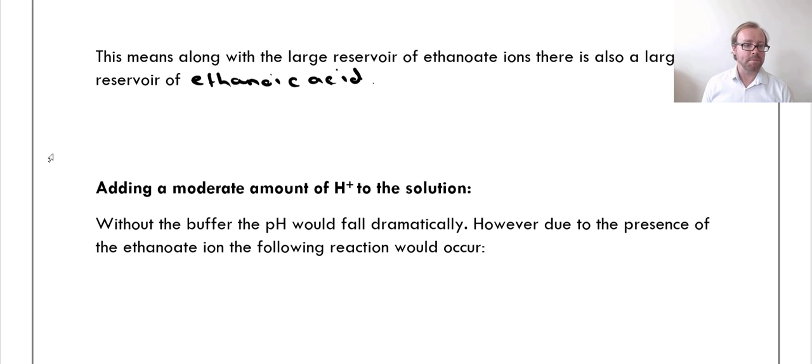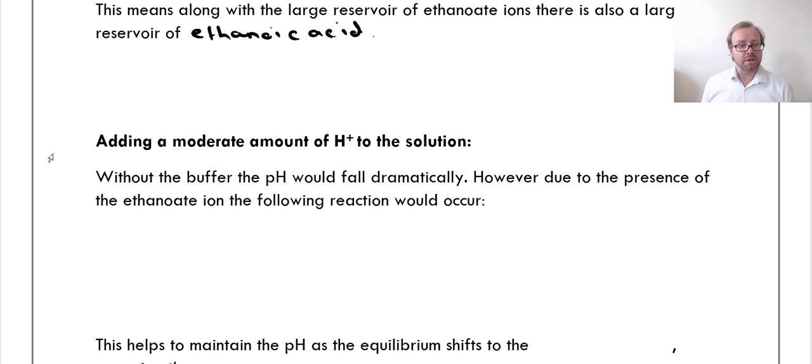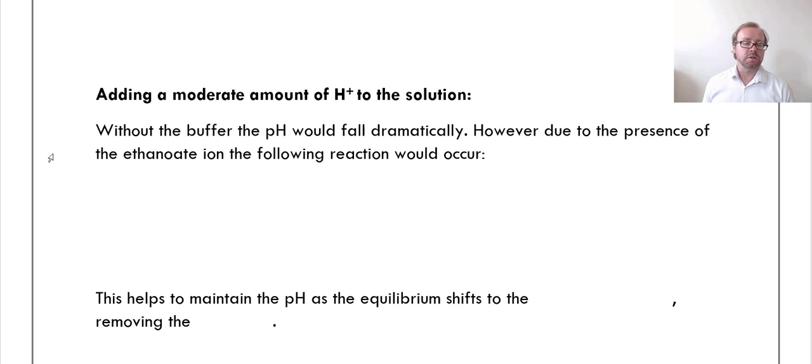So what happens when adding a moderate amount of H plus to the solution? Without the buffer, the pH would fall dramatically. However, due to the presence of the ethanoate ion, the following reaction would occur, which I'm sure you can guess.